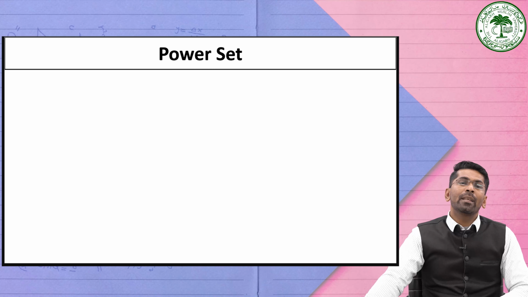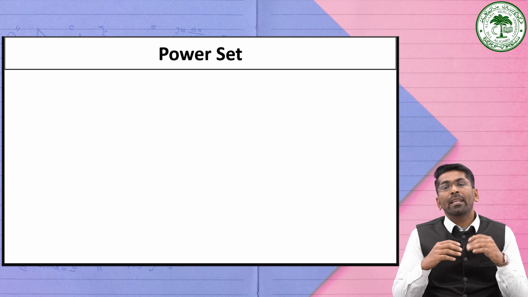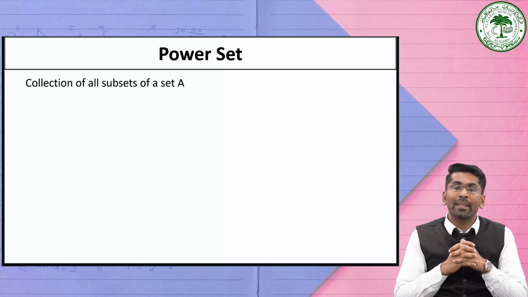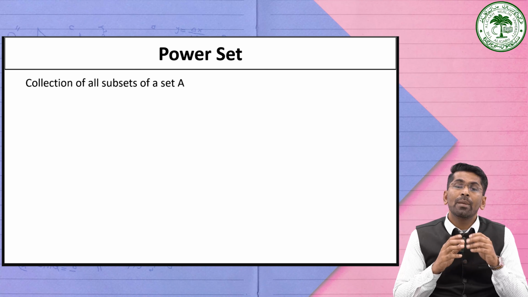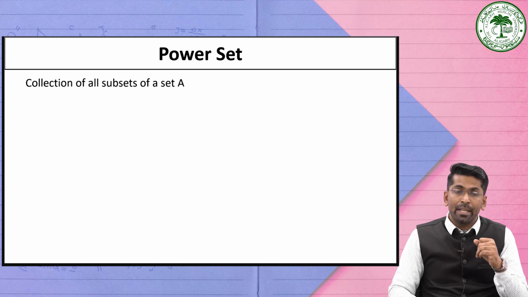Now let us consider another type of set which is known as the power set. The collection of all subsets of a set A is called the power set of A, which is generally denoted by P(A).